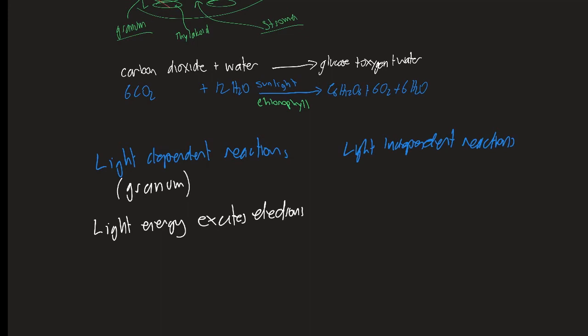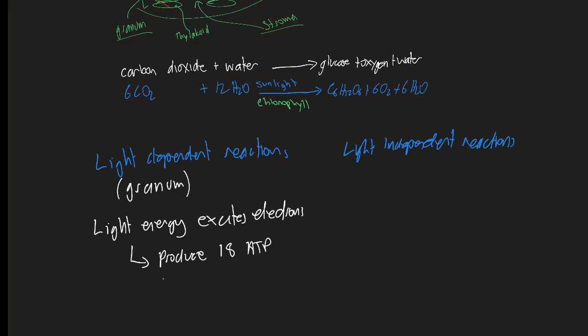Now, those excited electrons produce ATP. So, excited electrons have lots of energy and they can do work. They produce 18 ATP. We'll say 18 ATP molecules.